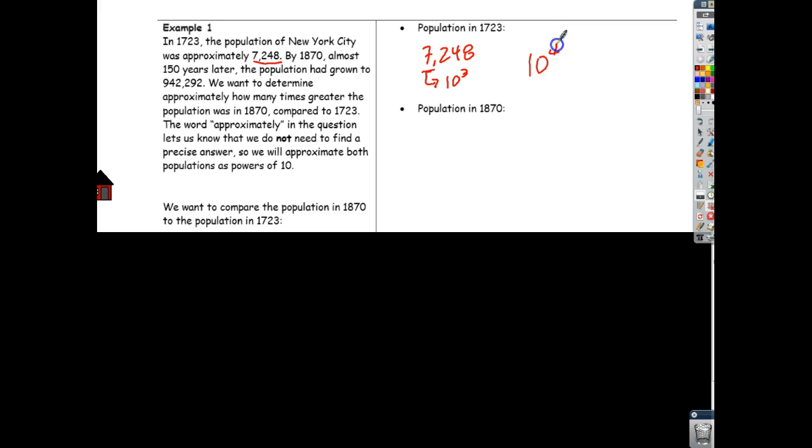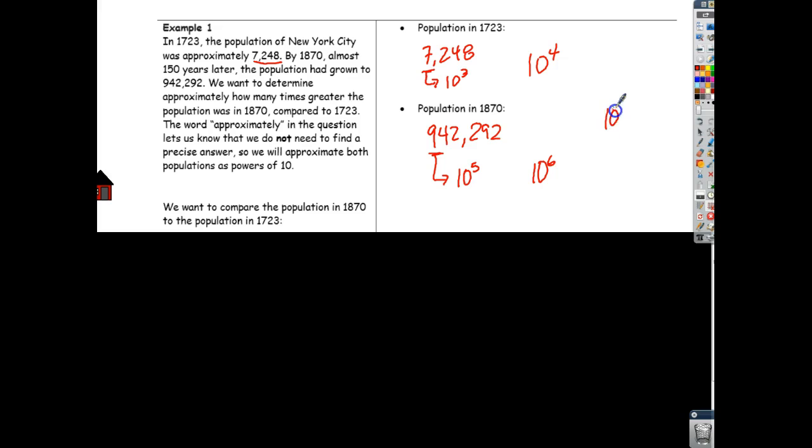So we looked at this as 10 to the fourth, because that's the next one that exceeds it. Then we looked at the population in 1870 with 292, and we said this is 10 to the fifth power. Third power, fourth power, fifth power. And so the one that exceeds that is 10 to the sixth.